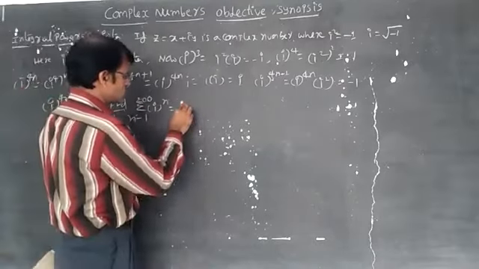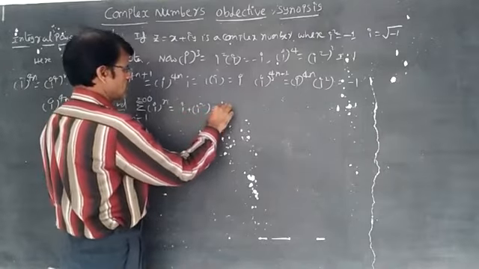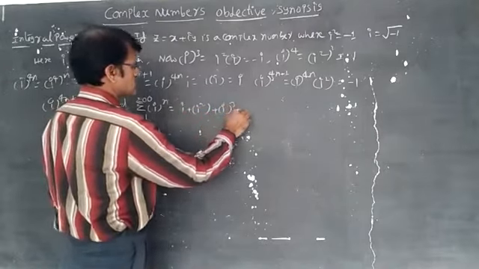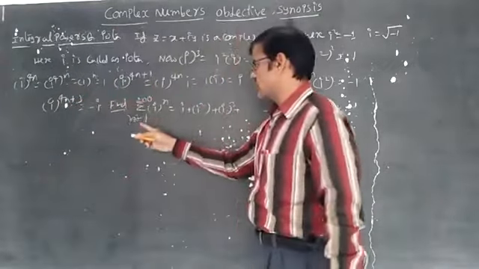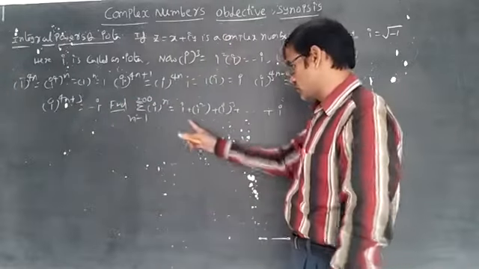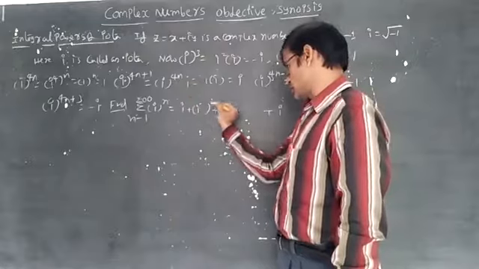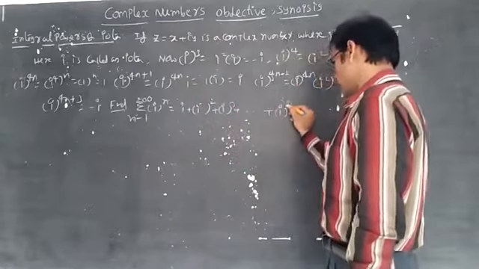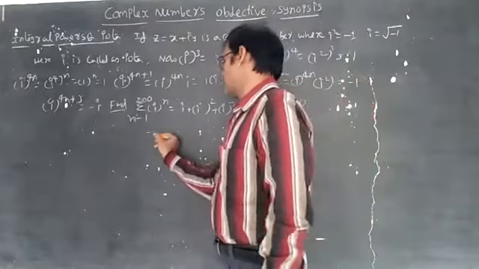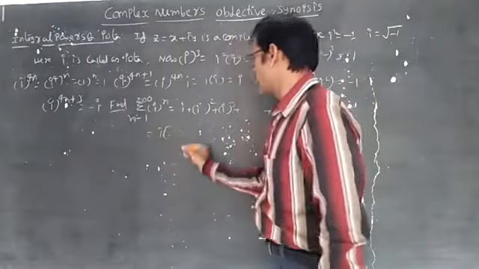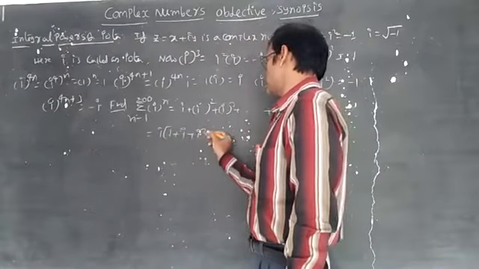So here it is i plus i square plus i cube plus, like this. Put n is equal to 1, 2, 3, and so on: i power 1 plus i power 2, i power 3, like this, so on until i power 200.